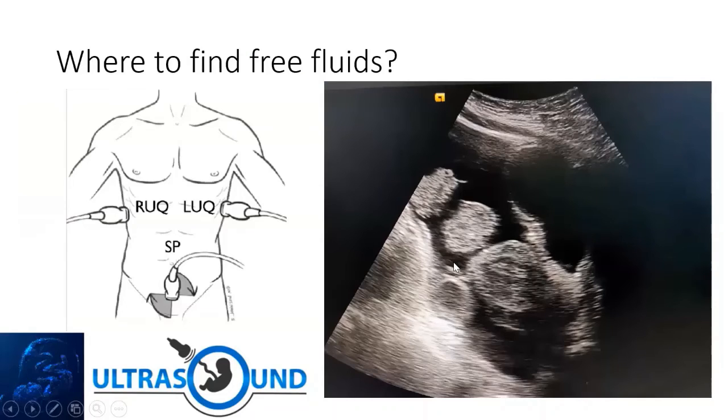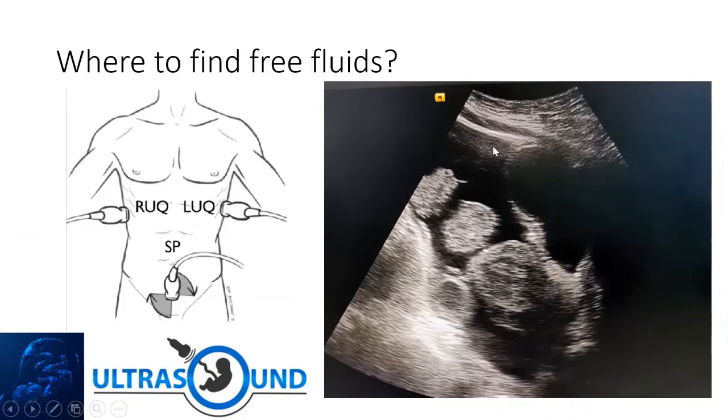Okay, so where can we find free fluids? Okay, so for your information, you can find free fluids at the pouch of Douglas, where you put your probe at the suprapubic region. You can also find free fluids at the Morrison pouch, which is at your right upper quadrant, and also your left upper quadrant is your splenorenal angle.